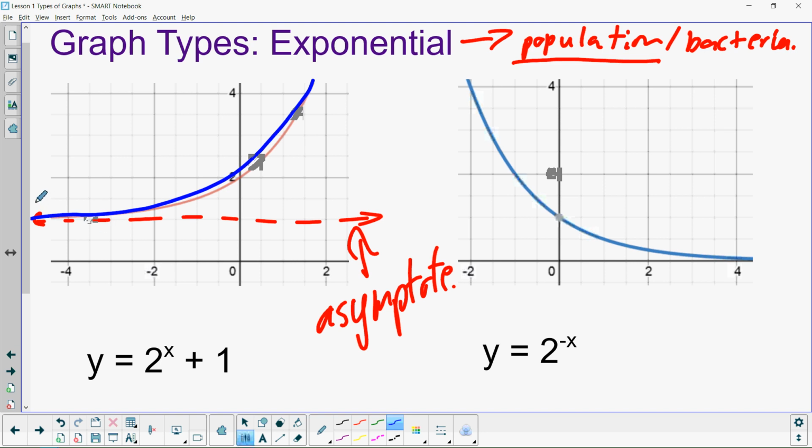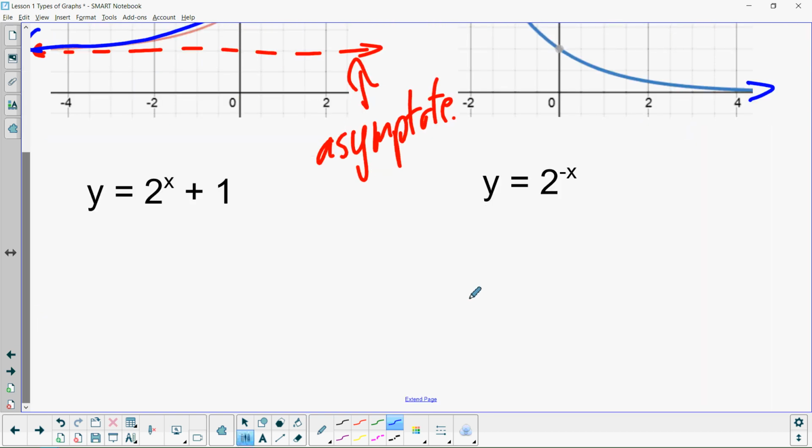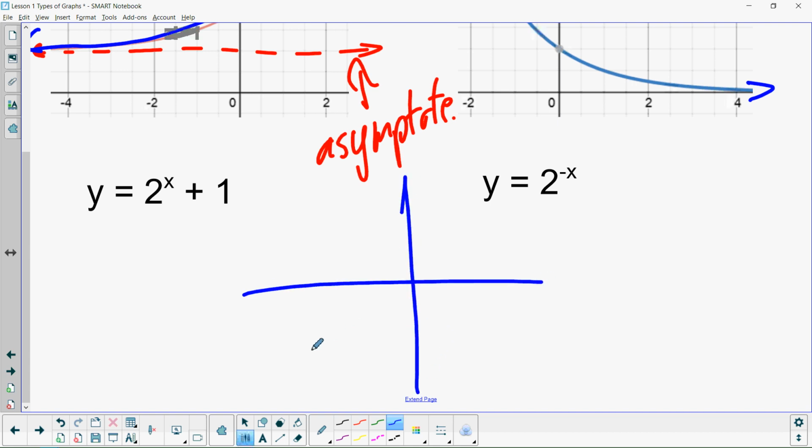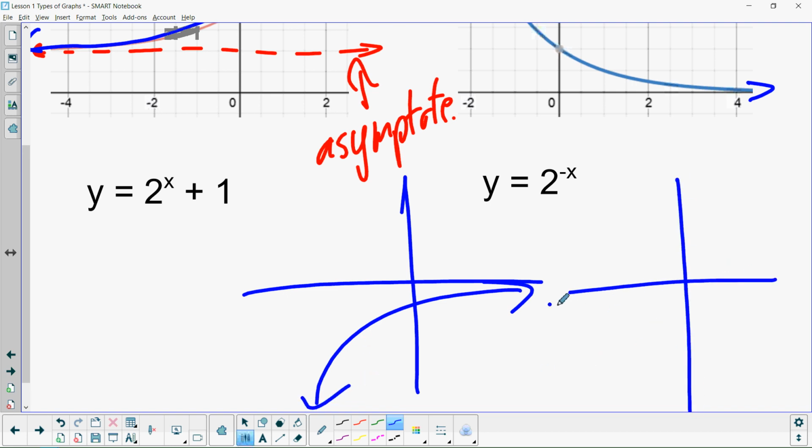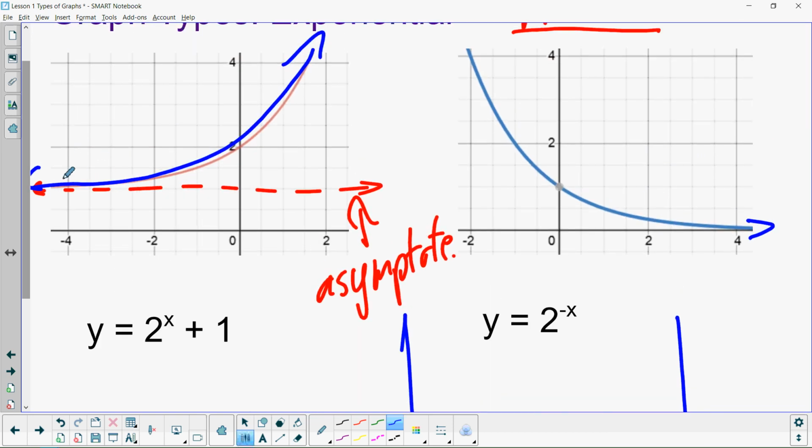And then the other side will just diverge. It'll go either up forever or down forever. You can flip these over so that it approaches the asymptote on the right side instead of the left side. It's also possible to have exponentials that are kind of flipped upside down, or you could have it reversed where it's going down towards negative infinity. Anything that levels out on one side and then curves up forever on the other side, that's going to be an exponential.